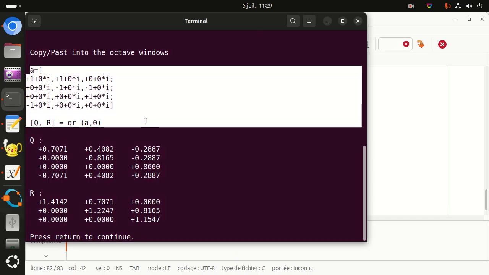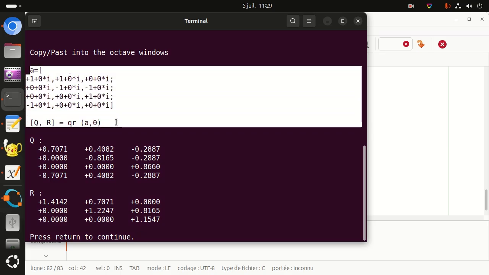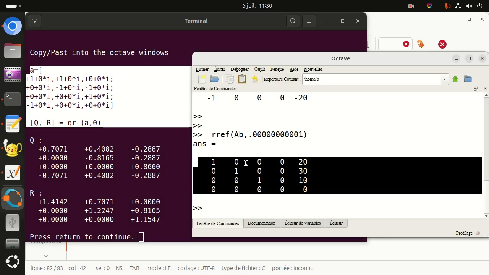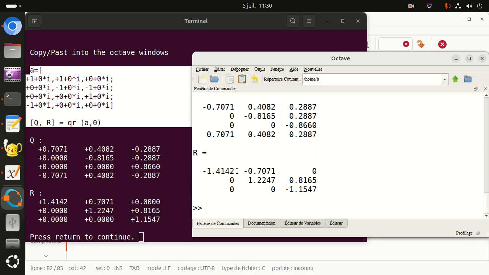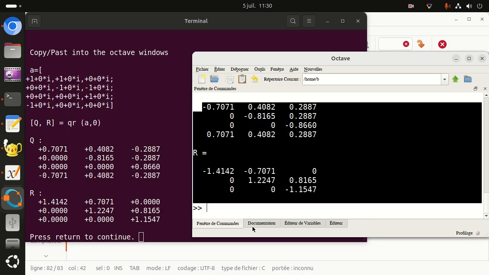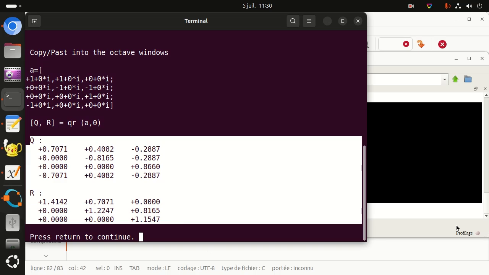You have here R. You can download it. If you want, you can verify the QR factorization with Octave. You have here the factorization with Octave, and here the factorization with my function.